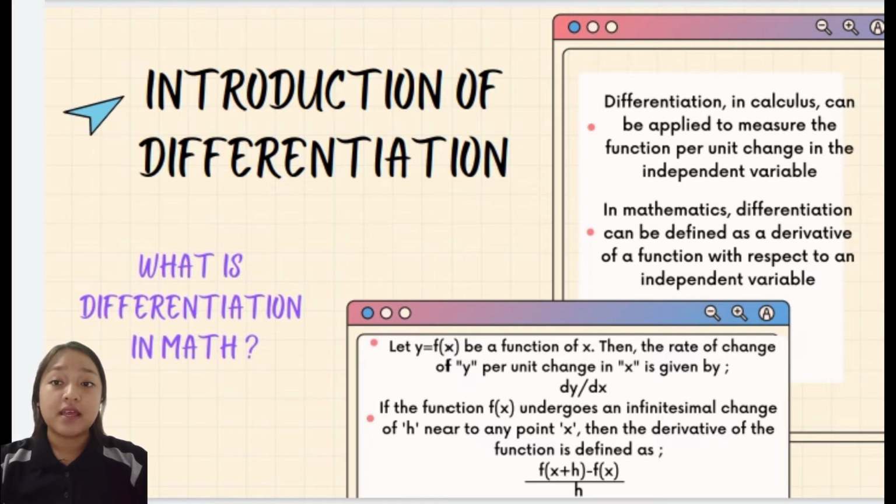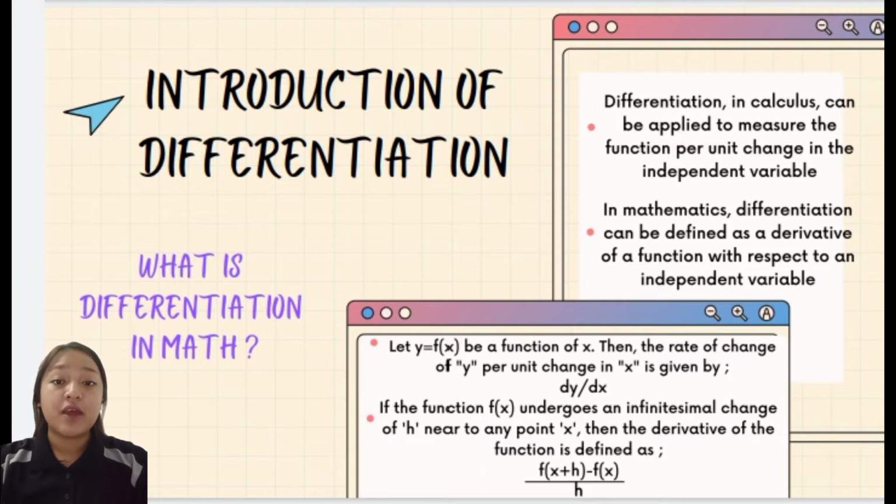In mathematics, differentiation can be defined as a derivative of a function with respect to an independent variable. Let y = f(x) be a function of x, then the rate of change of y per unit change in x is given by dy/dx.